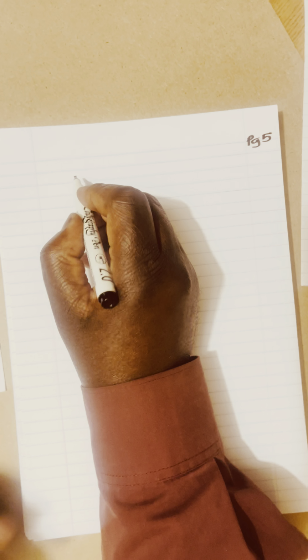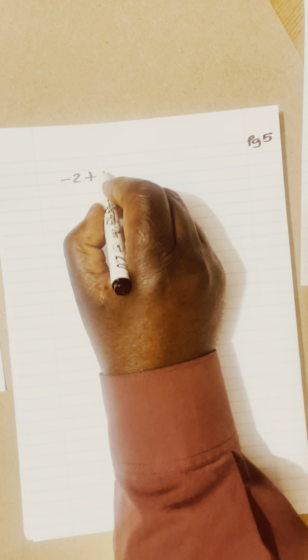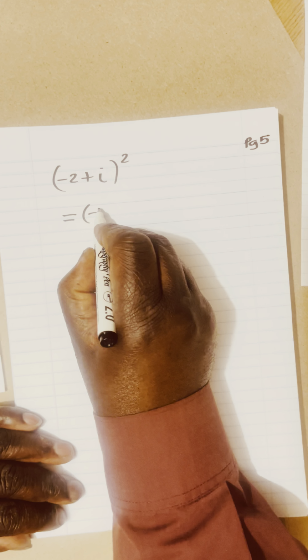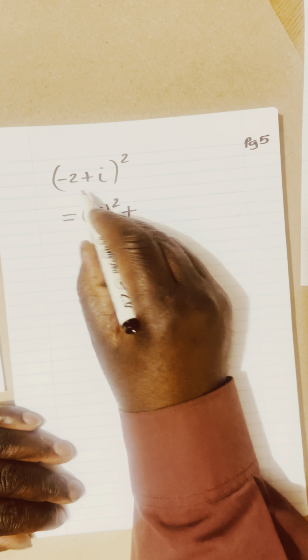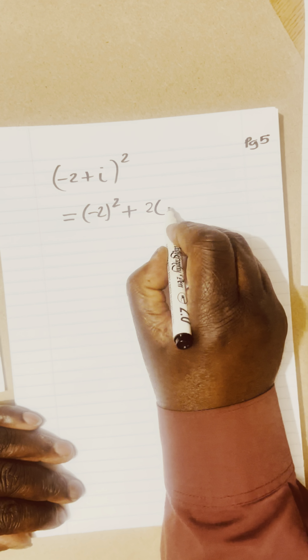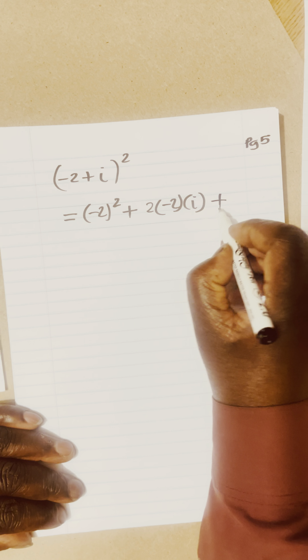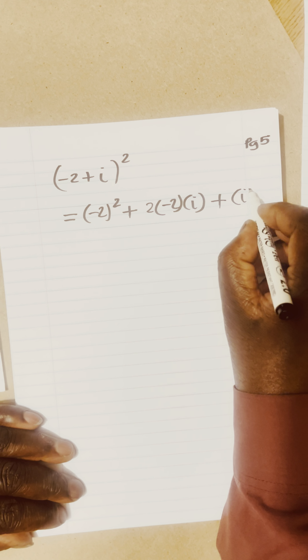So on our page 5, what I want to work on is minus 2 plus i. When we square this, what do we get? Well, remember, minus 2 squared, plus double the product of these two, minus 2i, and then plus i multiplied by itself.